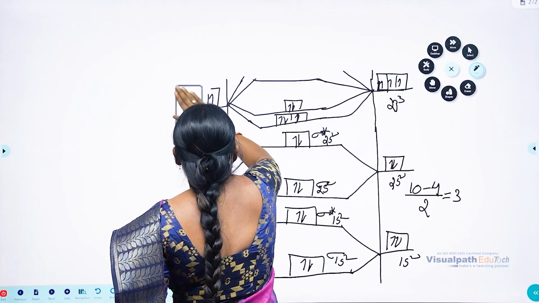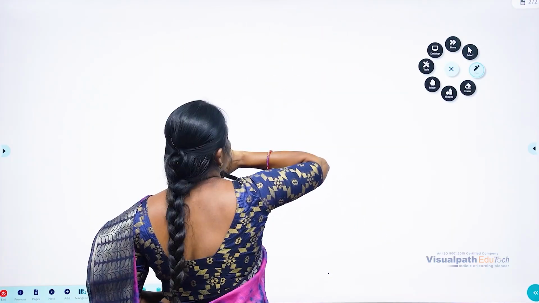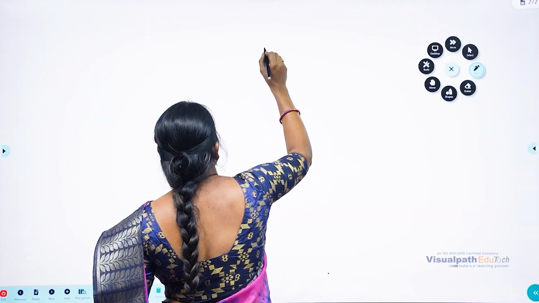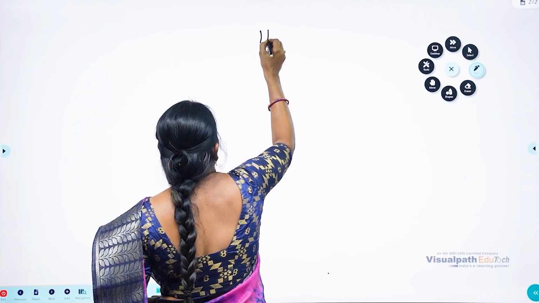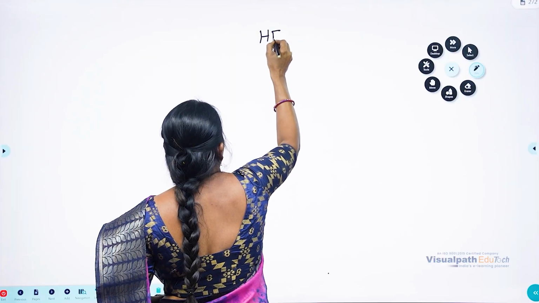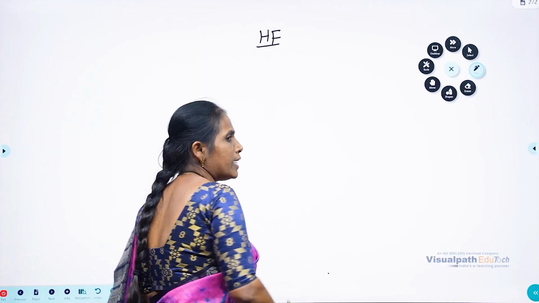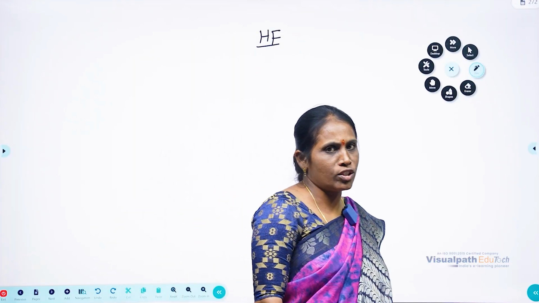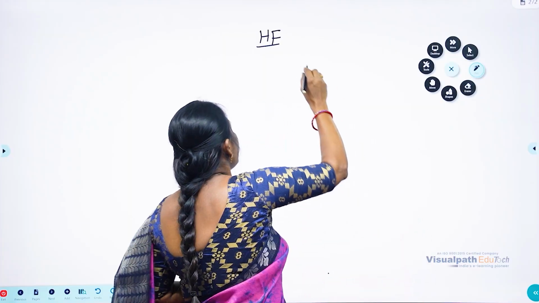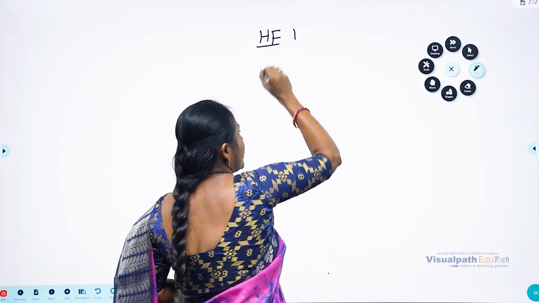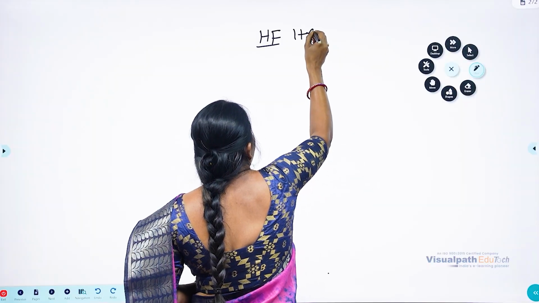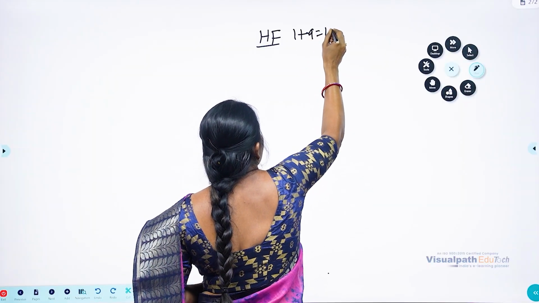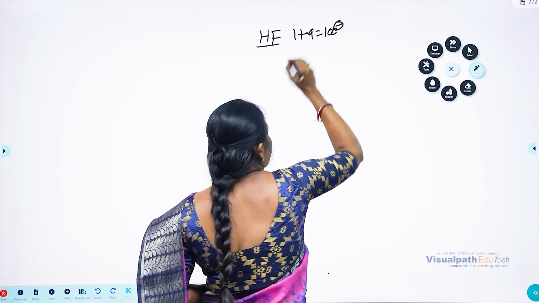Next we go to another example. CO is completed and NO is completed, and next one is HF. HF molecule, that is hydrogen fluoride. See here, hydrogen is with 1 electron and fluorine is with 9 electrons. Total how many electrons? 10 electrons are there.